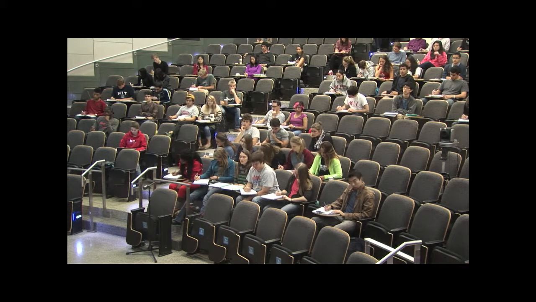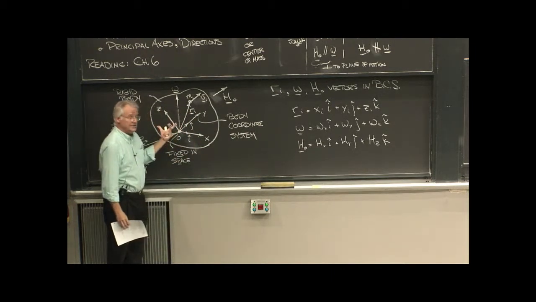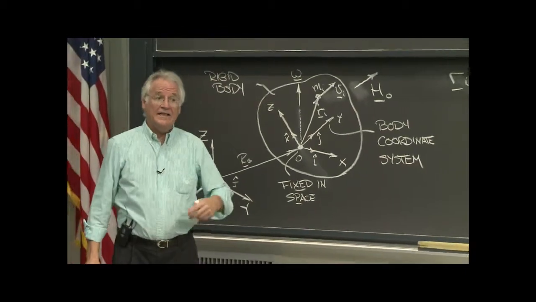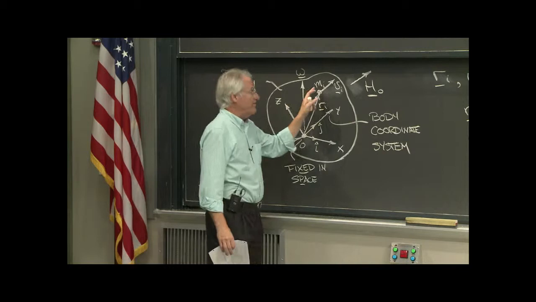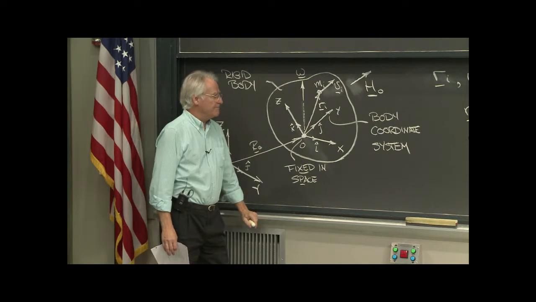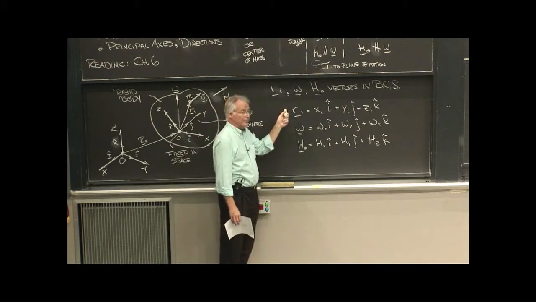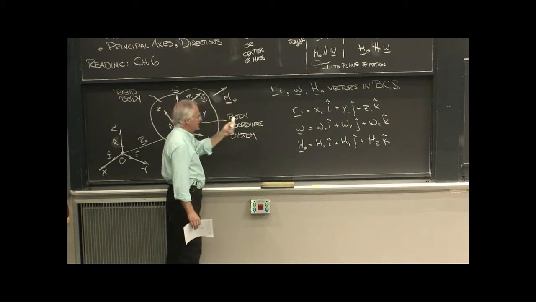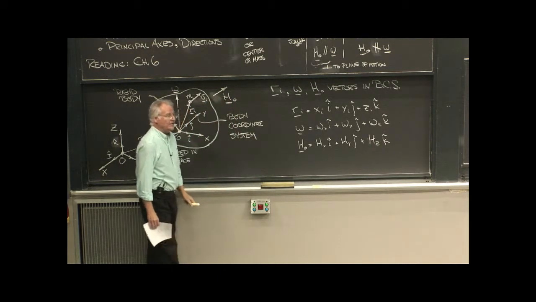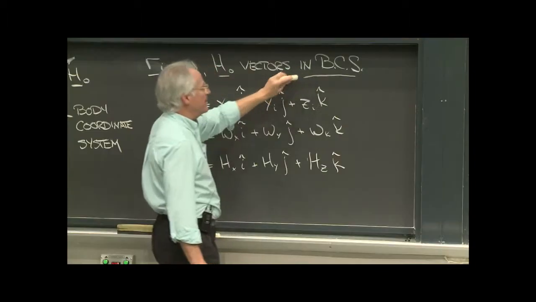The situation is that once we choose the origin of the body coordinate system and its directions, then all of the little particles, m sub i, that make up the object, each of which has its own linear velocity, are all, as you'll see in a moment here, the position of all the points, the angular velocity of the entire rigid body, and the angular momentum of the rigid body are all defined with respect to the body coordinate system.